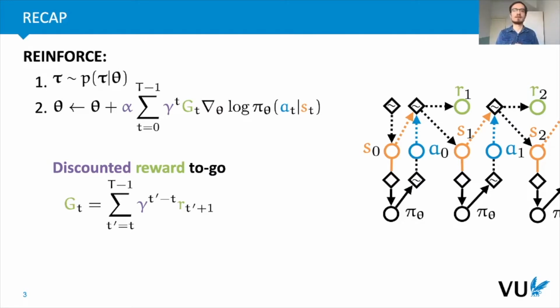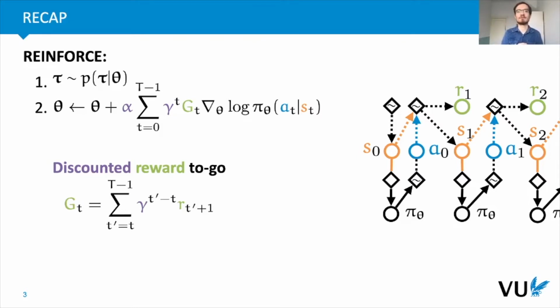The trajectory is sampled from a distribution that is parameterized by theta, because we act using the current policy pi theta. So what we want to do is learn the parameters theta of this policy network, because this policy pi is a neural network that predicts what actions to take.